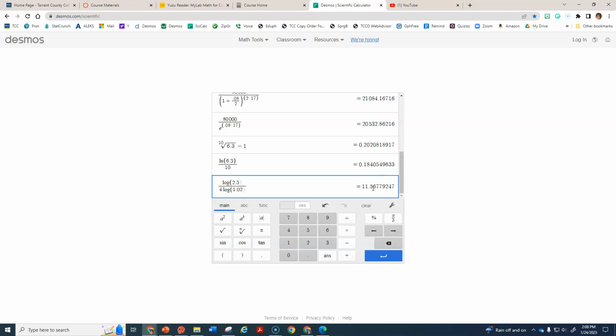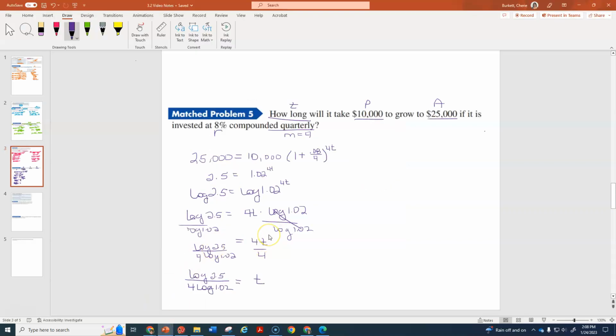Since you're going to be doing a little extra of a quarter, you'll have a little bit more than $25,000, but in order to get to the $25,000, you're going to have to do 12 quarters. So the time here ends up being 12 quarters.